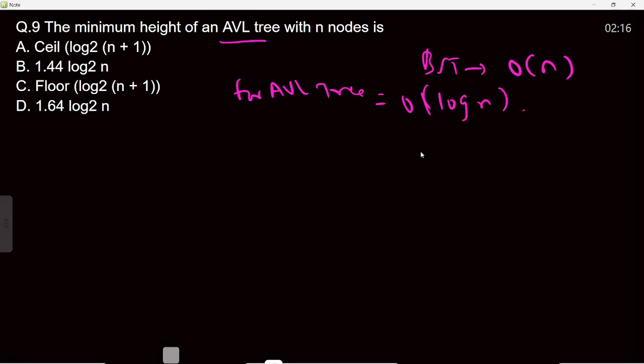Now why is this so? In a binary search tree, if the element is less than the root node, then we put that element to the left side of the root. And if the element is greater than the root, then we put it to the right side. But what does the AVL tree do? AVL tree has a balancing factor, by which the height difference is kept in check.